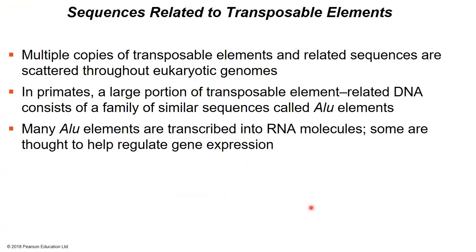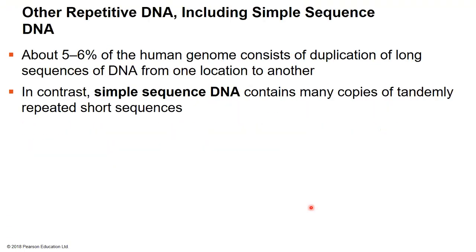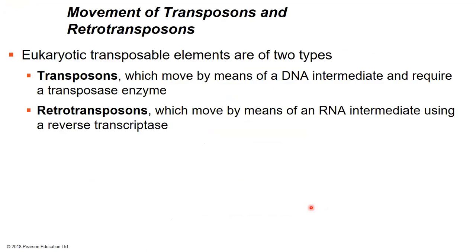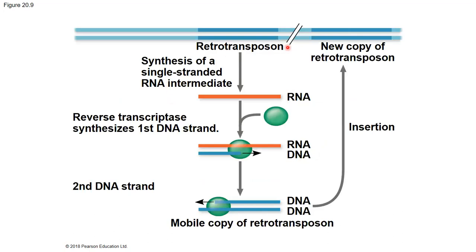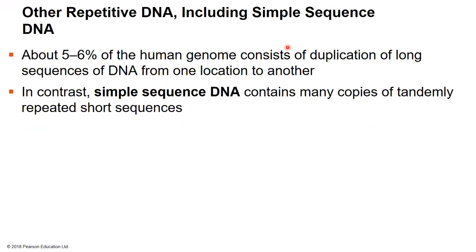So we discussed transposable elements and the mechanism by which more copies of these transposable elements are generated, whether they are transposons or retrotransposons. And still, we have some large DNA segments that are duplicated, and these DNA segments represent 5 to 6% of our genomes.